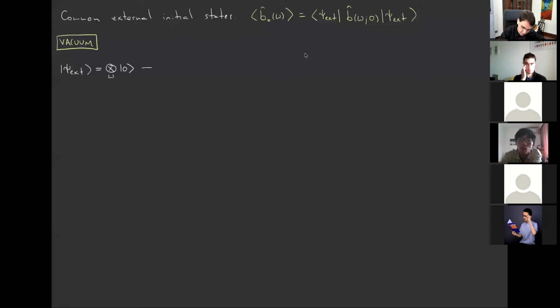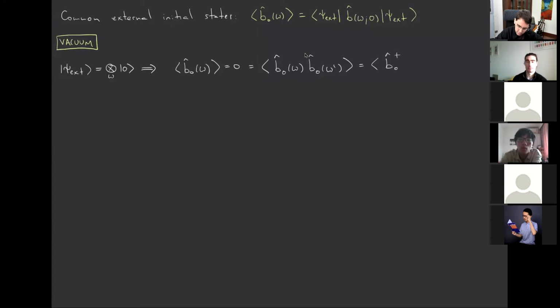So this automatically implies that we know the statistics at time zero of the external operators. In particular, the expectation value of the operators is zero, and the expectation value of the second order moments, I mean B times B, is also zero.